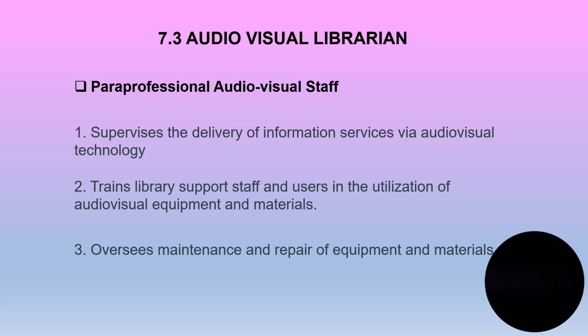They train library support staff and users in the utilization of AV equipment and materials, and oversee maintenance and repair of equipment and materials. So paraprofessional staff or assistant librarian need to have knowledge on how to maintain and how to repair the AV materials or AV resources.